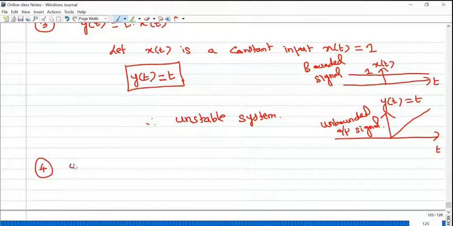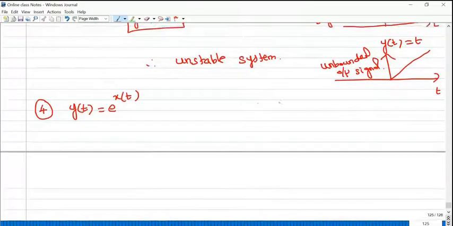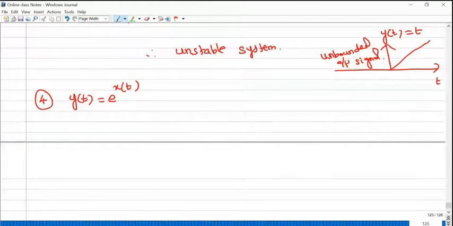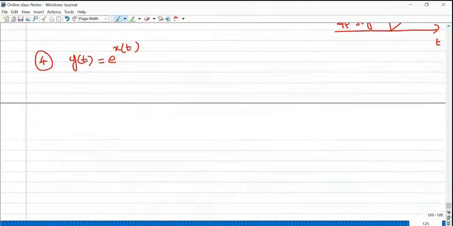Problem number 4. Suppose y of t equal to e power x of t. Comment on its stability, or identify whether the system is a stable system or unstable system.